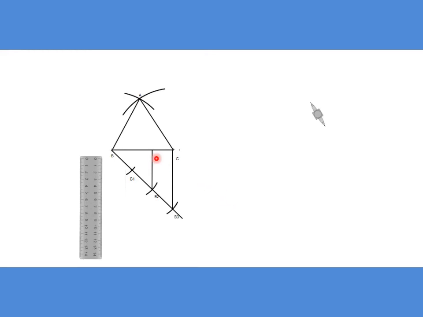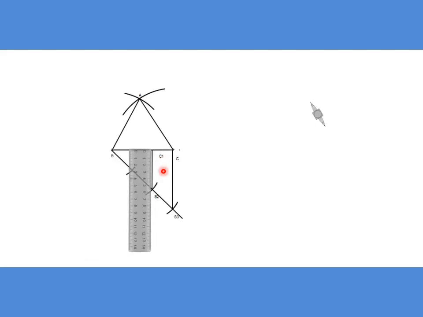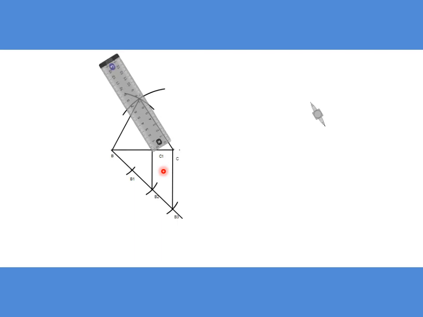Now mark this point as C1. Yes, this is C1. Next, we draw one more parallel line to AC passing through C1. Yes, this is another parallel line we are going to draw, and this is parallel to AC.